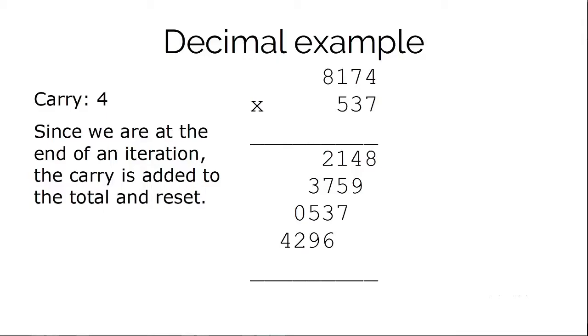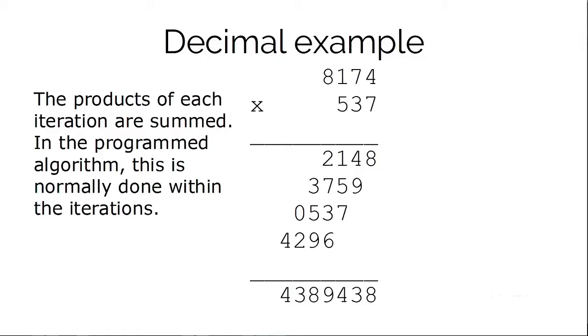In fact, they're one base above the previous digit, so each time we shift the result over, and then finally, the products of each iteration are summed. In the programmed algorithm, this is normally done within the iterations, so that we don't need to keep storing each of the products into different places every single time we do an iteration.